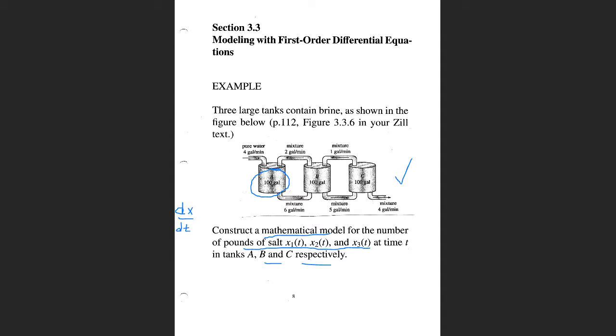But let's focus on dx/dt. To determine the differential equation for dx/dt, how many things are we going to have to consider? Looking at tank A, how many components, how many rates, are we going to have to worry about?